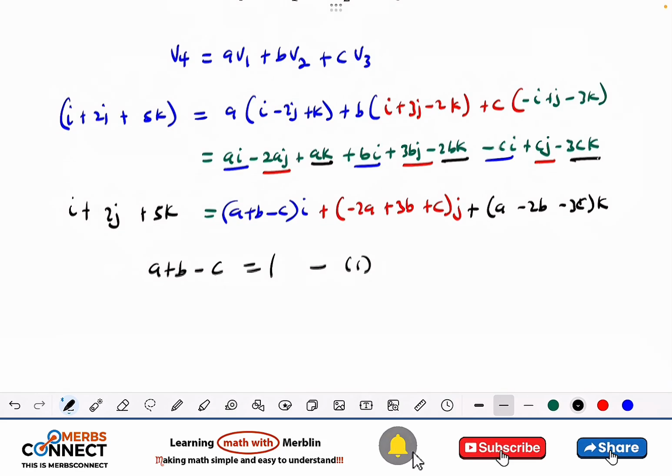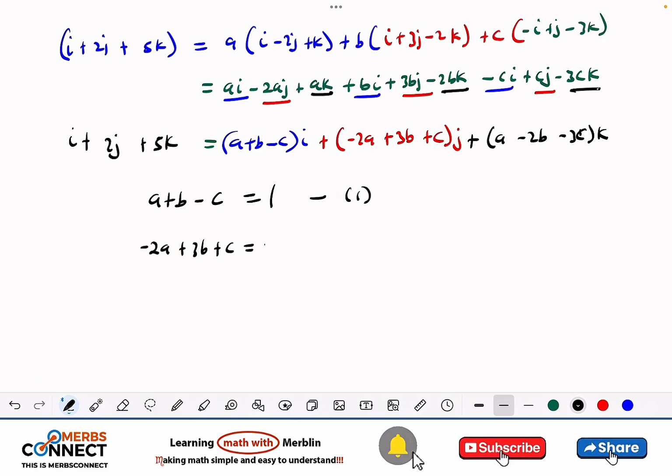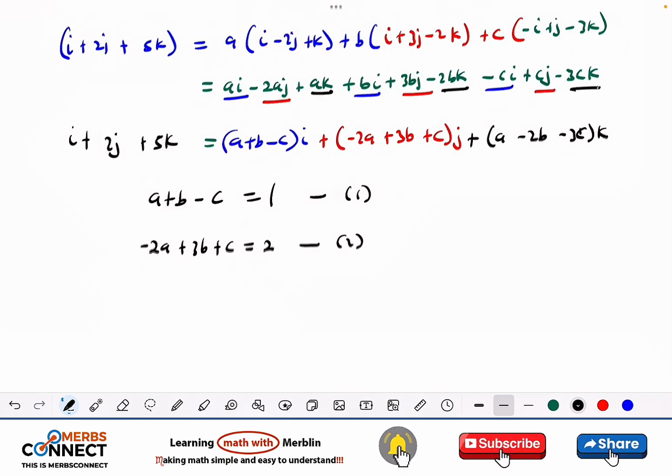Say equation 1. Then we pick the coefficient of this, equate it with the coefficient of the J here. So minus 2A plus 3B plus C is equal to 2, equation 2.